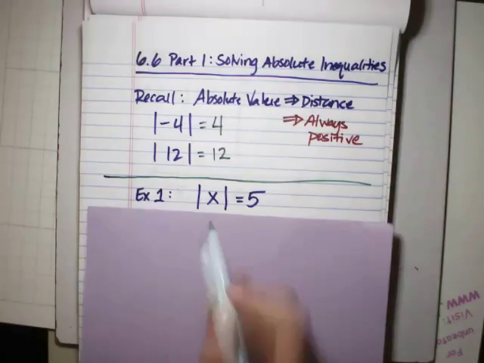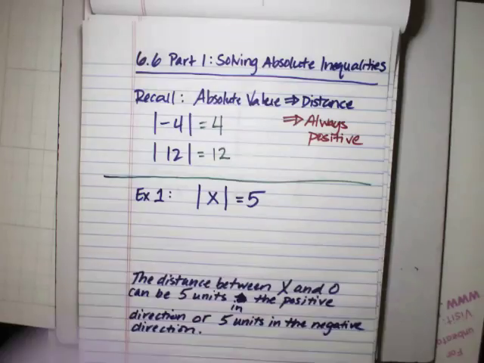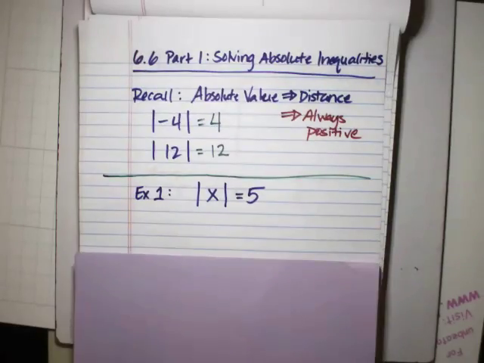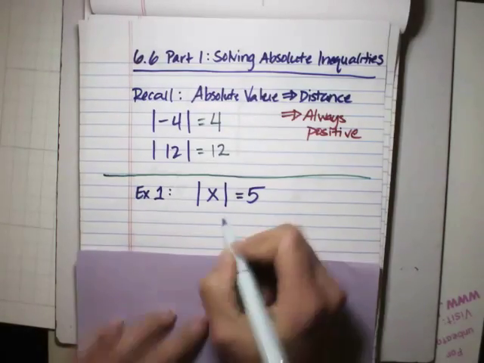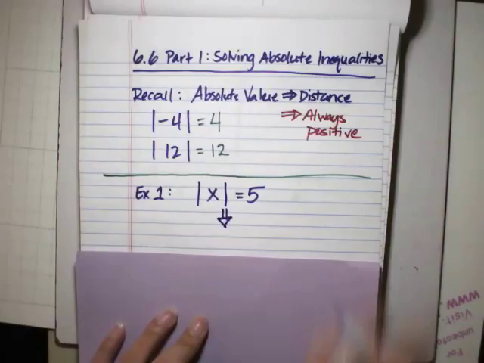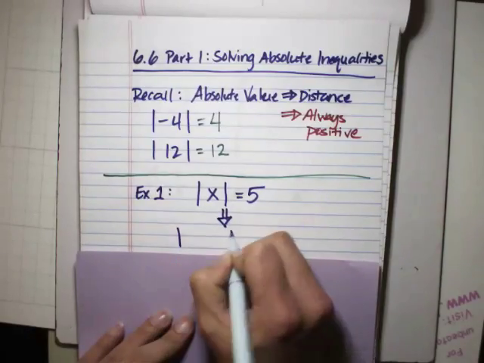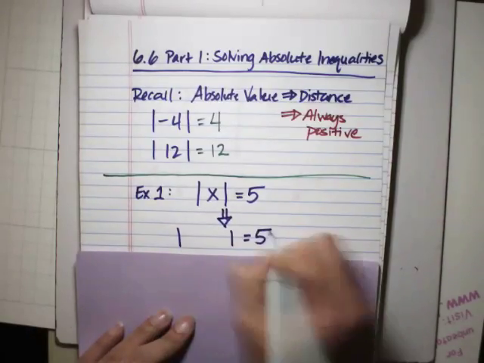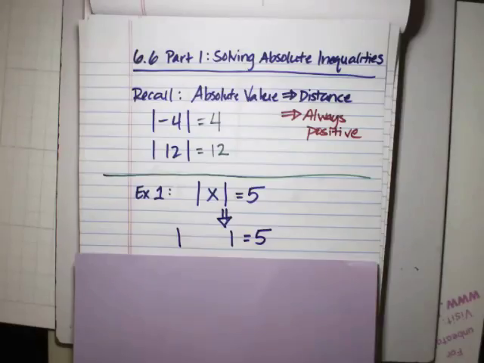In example 1, I have x, the absolute value of x is equal to 5. And I'm going to draw the analogy that we talked about earlier about distance. What this actually says, and we can rewrite this to be written in terms of distance: the distance between x and 0 is 5.